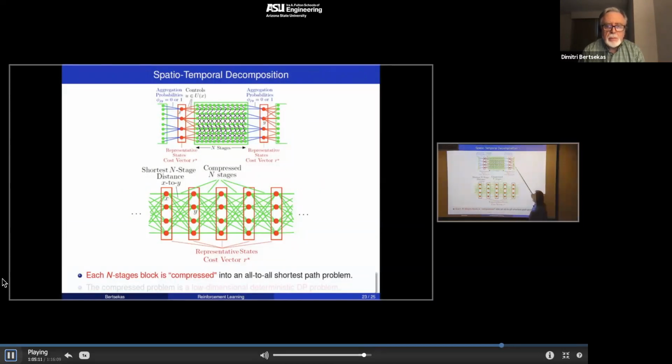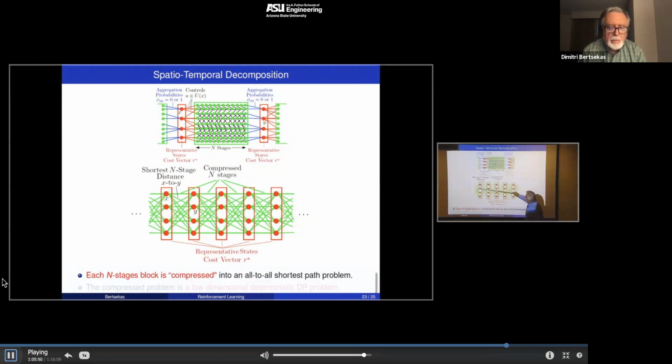Here's my original problem, deterministic and so on, as deterministic as you can make it. We insert these representative states in between here. And now for every x and every y, all pairs, I compute the shortest path within an n-stage block. And for each one of these shortest path computations, I reduce this graph into something that's compressed in time, where the cost of this transition here is the shortest distance between x and y.